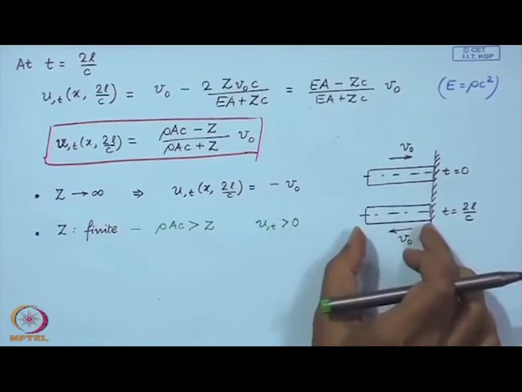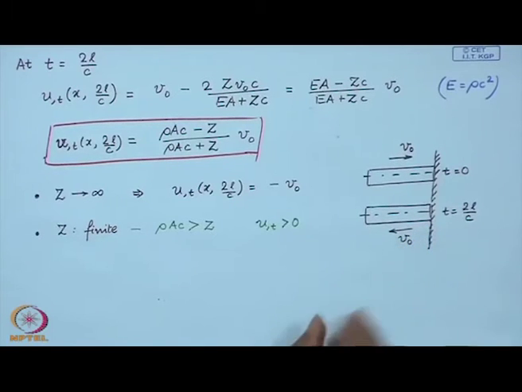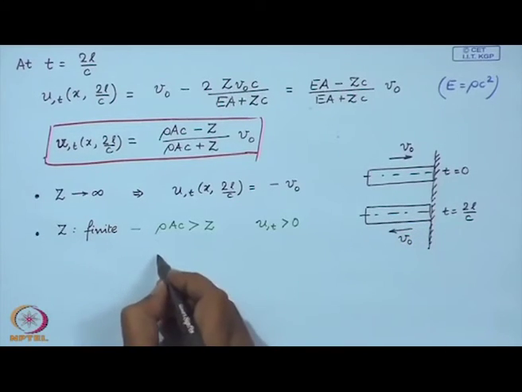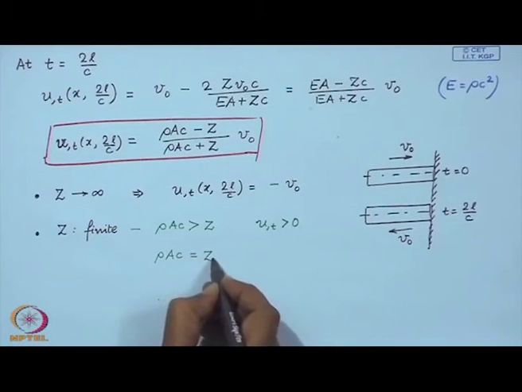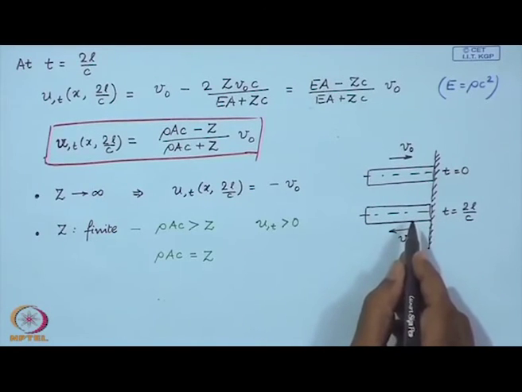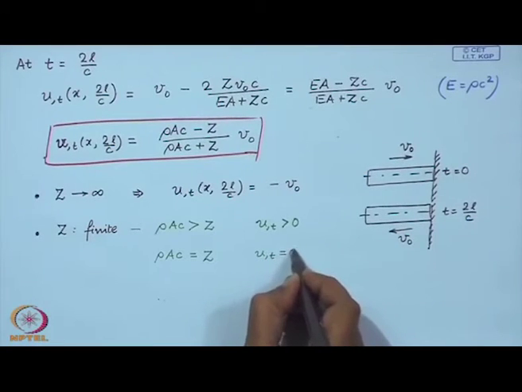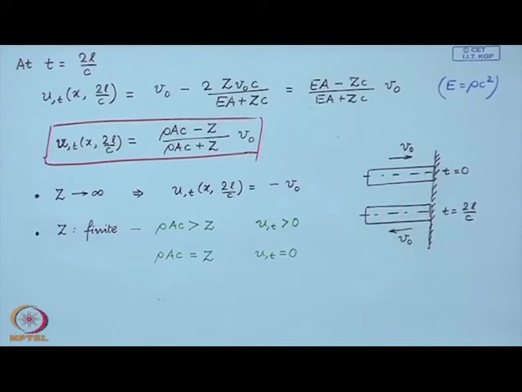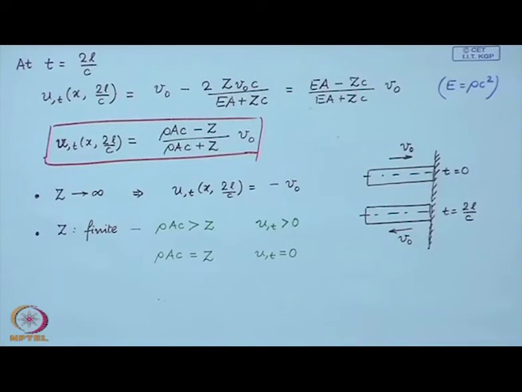Which means after collision the bar is still going to move to the right. In the case where the impedance of the wall and the bar match, this bar, the finite bar, comes to a complete halt, complete rest.